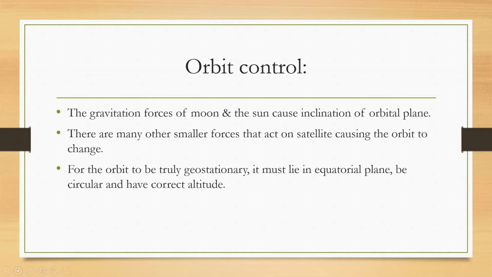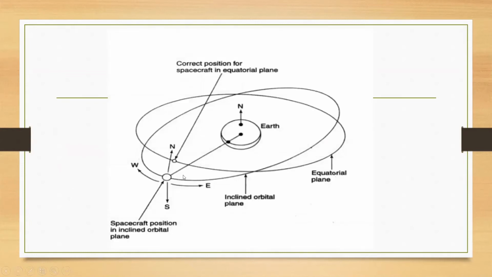And for an orbit to be truly geostationary, it must lie in the equatorial plane, and have the correct attitude. But what happens is, as I told you, this is supposed to be an orbital plane, but you have a certain inclination or there is some change in it.